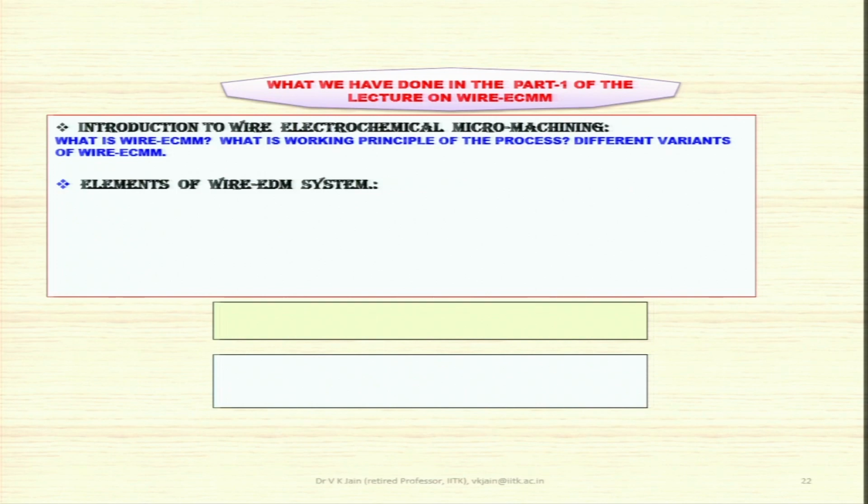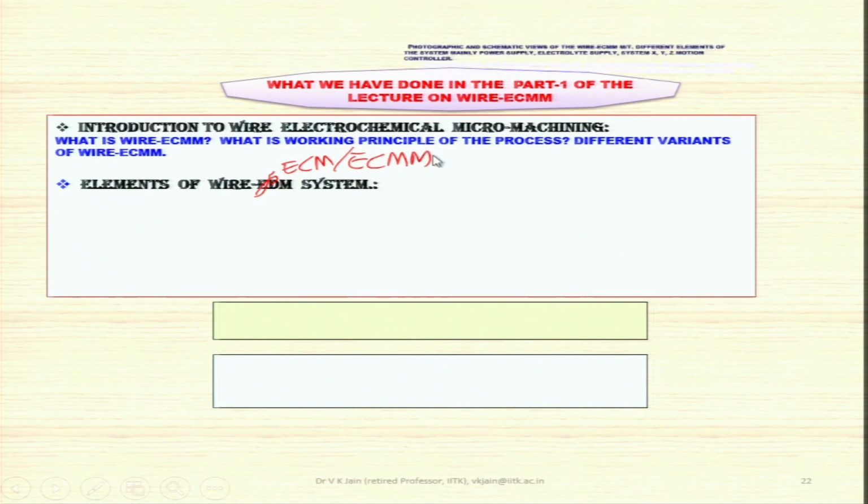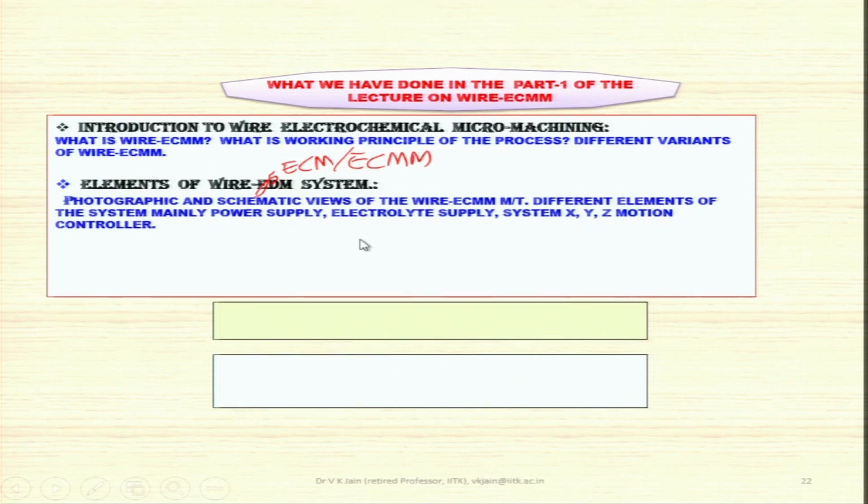What are the elements of the wire ECMM system, not EDM, this should be wire ECMM system, that have been discussed in the last lecture. And photographic and schematic views of the wire ECMM machine tool have already been shown to you in part 1.